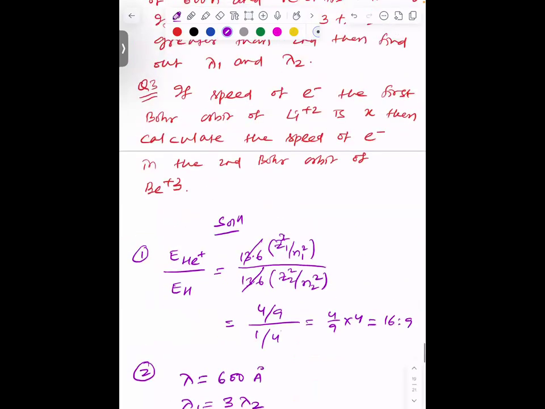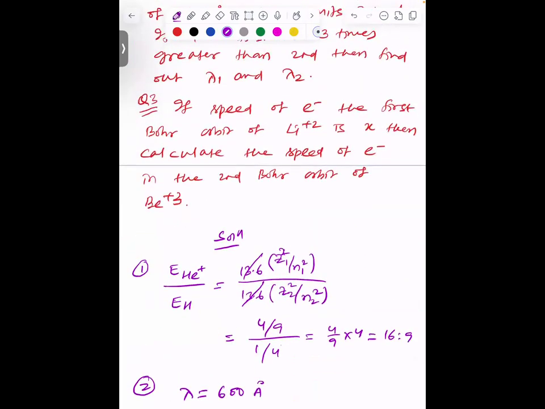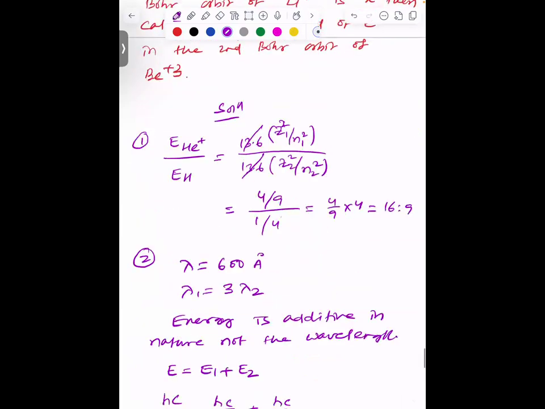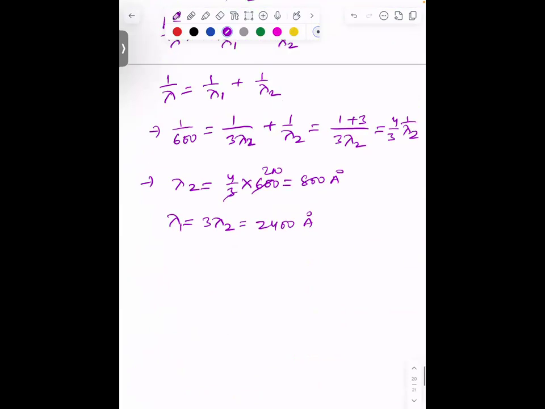So third question: if the speed of electron in the first Bohr orbit of lithium 2 plus is x, then calculate the speed of electron in the second Bohr orbit of beryllium 3 plus. So what is the formula for speed of electron?